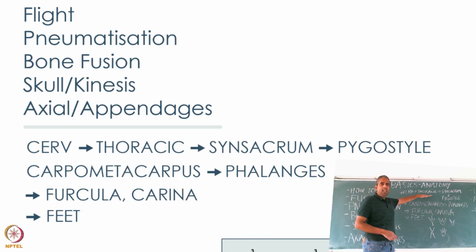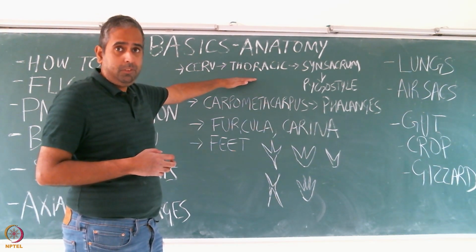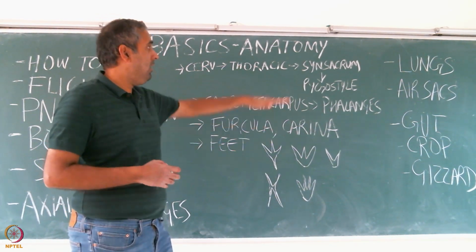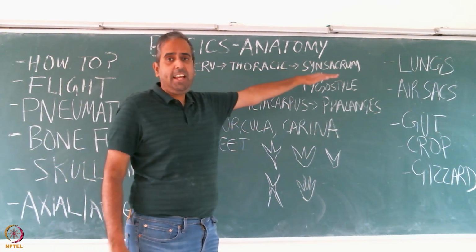Then you've got about 5 fused thoracolumbar vertebrae, okay? Thoracic vertebrae, let's say for now, but these are fused, and the sacral vertebrae are also fused into a single bone that's called the synsacrum.